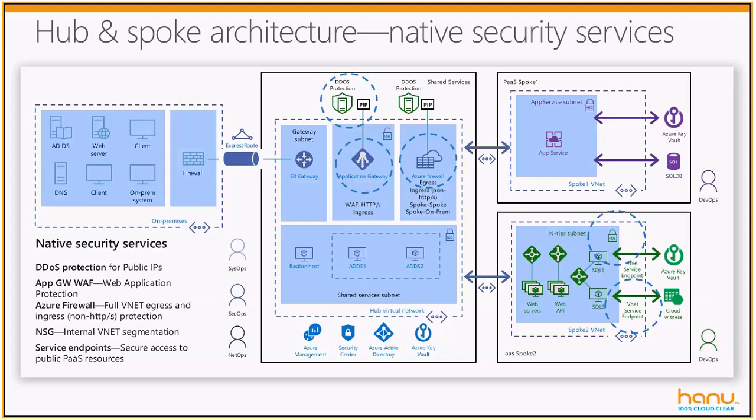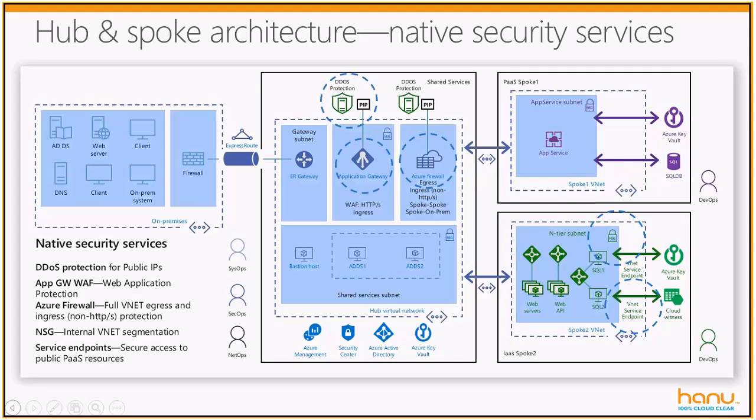This is not a practical architecture, but it is an architecture that covers all the services. As you can see here, here is our on-premise environment, and these are all based on Azure only.